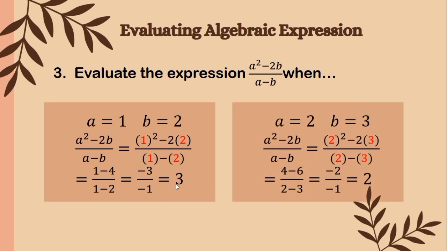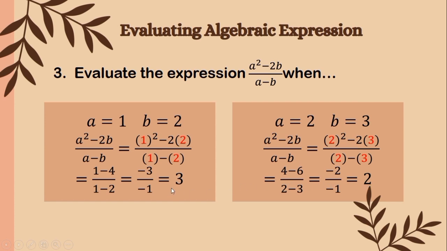And how about if we have a equals 2 and b equals 3? We also substitute the value for a, which is 2, and the value for b, which is 3. And then simplify this expression, we will be having 2.